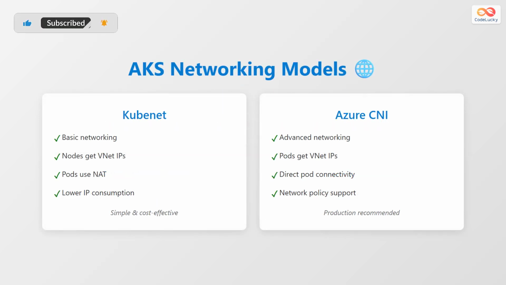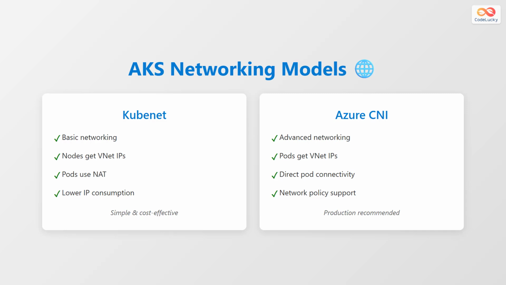AKS supports two primary networking models. The first is Kubenet, which provides basic networking where nodes receive virtual network IP addresses, but pods use network address translation. This model consumes fewer IP addresses and is simple and cost-effective, making it suitable for development and testing environments. The second model is Azure CNI, or Container Networking Interface, which offers advanced networking.